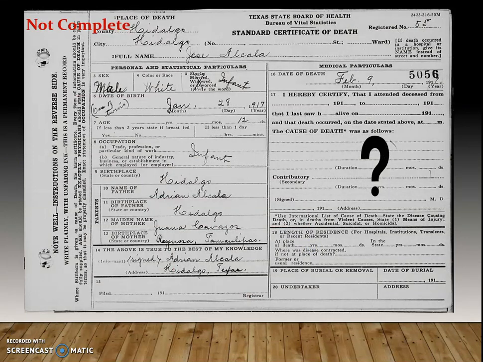Of course, here is one that is not complete. Again, you're going to have to look at it and try to get out as much information from it as possible. It does tell me this is one of twins. Of course, it doesn't tell me the cause of death. And unfortunately, it doesn't even give me a burial location.